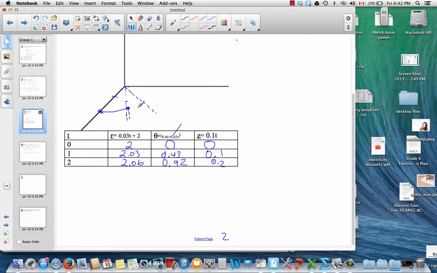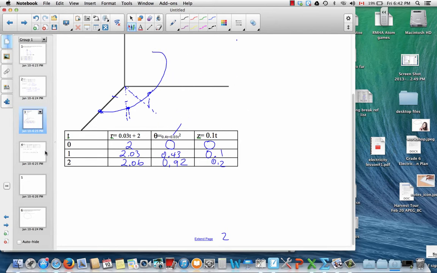Now we're still basically at 2 units from the origin, so r is not increasing very quickly. We're now twice as high in the z direction. So this is a spiral, right? It's rising, it's getting further from the origin as the angle sweeps it around and around and around. So that's the parametric equation for a spiral.